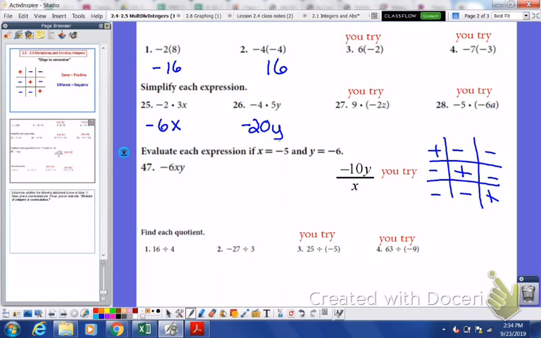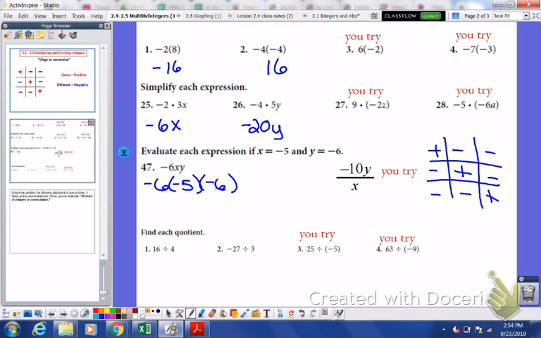All right, next up, we want to evaluate negative 6 times x times y. First thing, show our substitution. So negative 6, and x is a negative 5. Make sure you put it in parentheses. So negative 6 times negative 5 times y, which is negative 6. Again, use these parentheses to show multiplication so you don't look back later and think that it's negative 6 minus 5 minus 6.